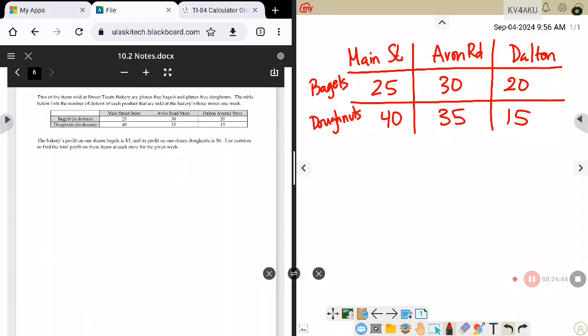Okay, this last example is talking about 2 of the items sold at Sweet Treats Bakery, gluten-free bagels and gluten-free donuts. The below lists the number of dozens of each product that are sold at the bakery's 3 stores in 1 week.